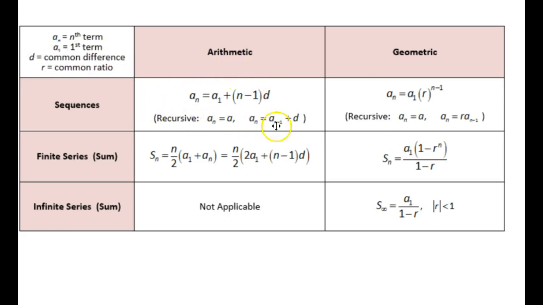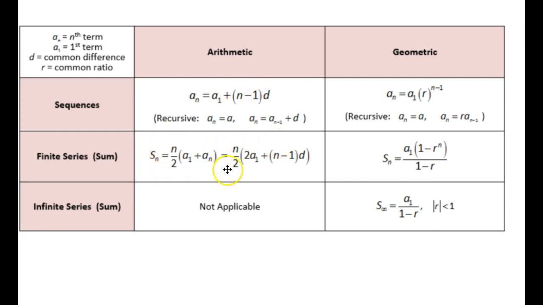So if we look at the arithmetic sequence, what this is saying, if we look at any term in that sequence, the nth term is going to be equal to the first term plus the number of our nth term minus 1 times the common difference. Okay, the common difference, we're adding that same value each time.